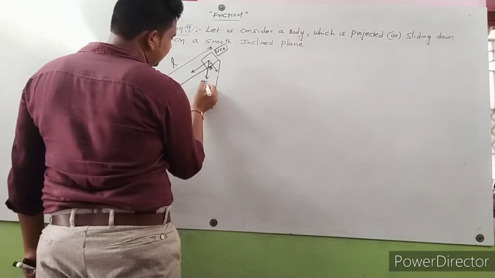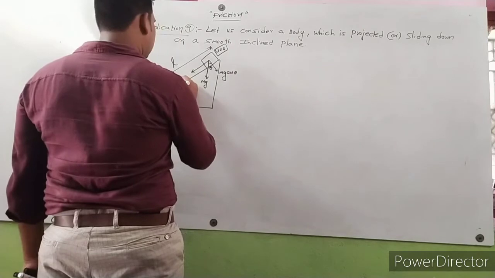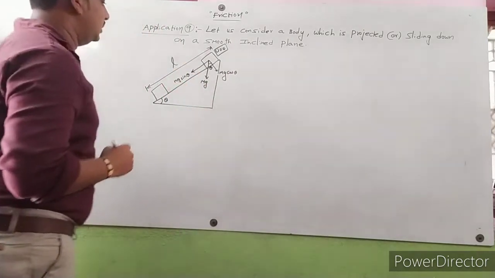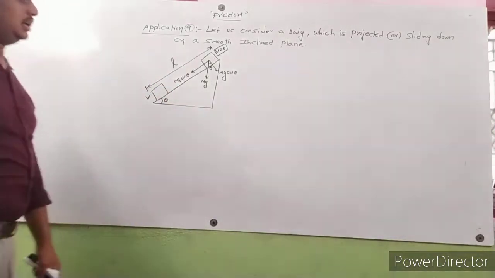This is weight mg. This is mg cos theta, and this is mg sin theta. Okay. So here the velocity of the block is v.